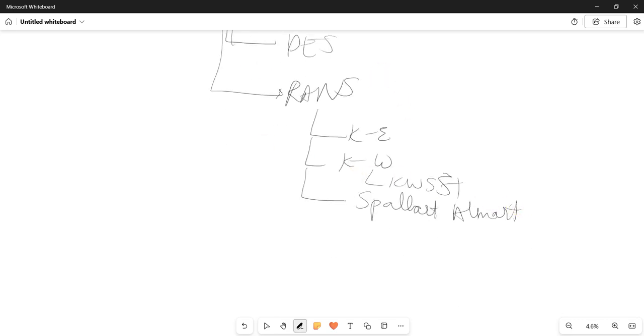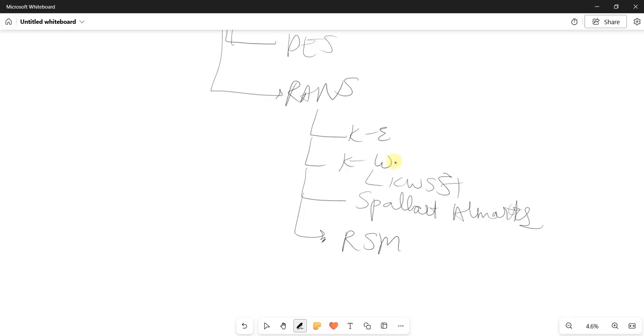And then you have your RSM, your Reynolds stress model, where you're solving for the stresses. That is 6 stress equations plus 1 dissipation equation. In Spalart-Allmaras, instead of calculating K or omega, it doesn't do any of that. It just solves one modified equation for a turbulent term and then finds the turbulent viscosity.